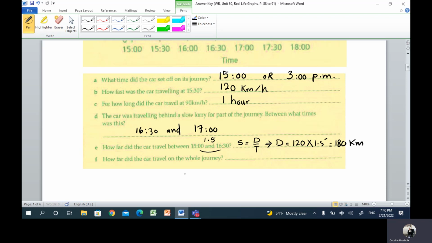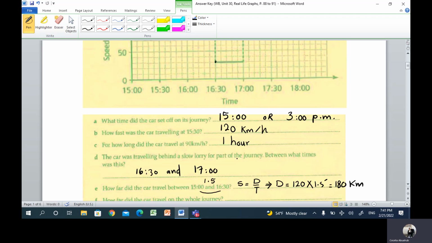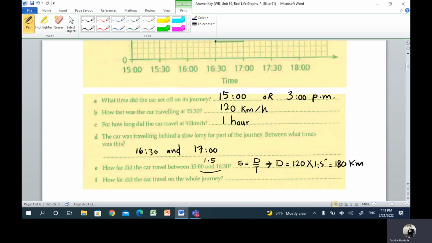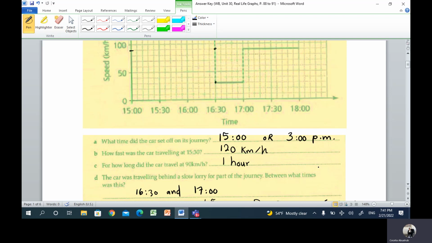How far did the car travel on the whole journey? So, from 15 to 16:30, it traveled 180 kilometers.